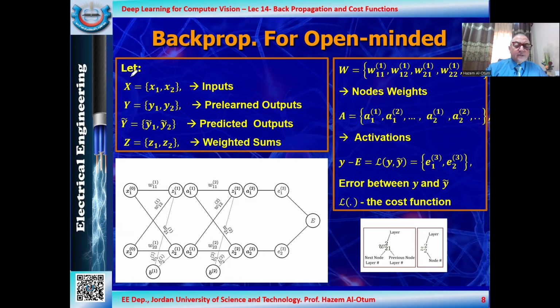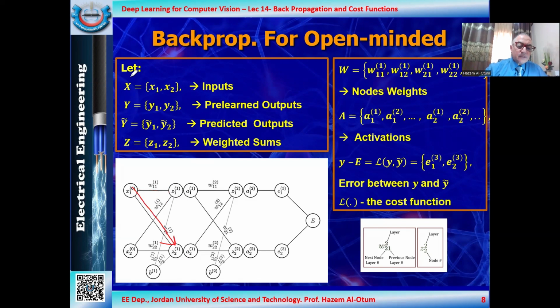And these z values, for example, z1,1 and z2,1. This means that this is the z1 value at layer 1 with node 1. The subscript is 1. Here for Z2, we have Z2 at layer 1, which is at node 2 at layer 1. The same thing for W. You see that W11 is linking the node at this layer.